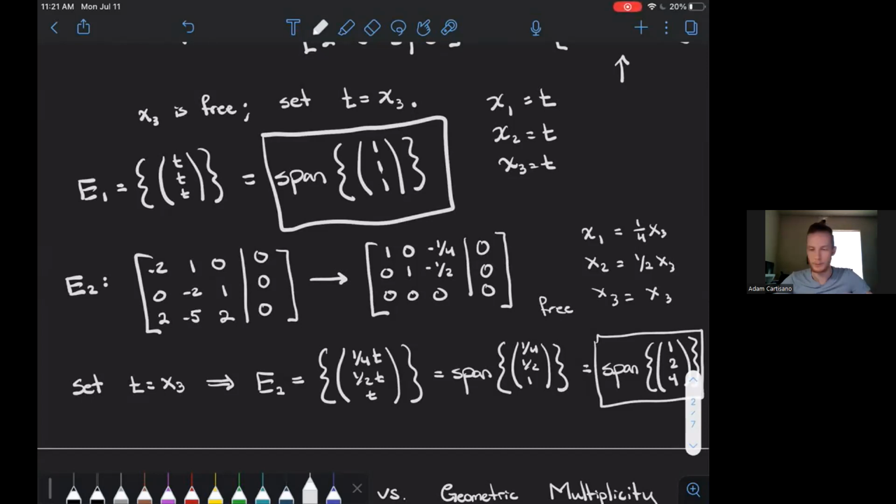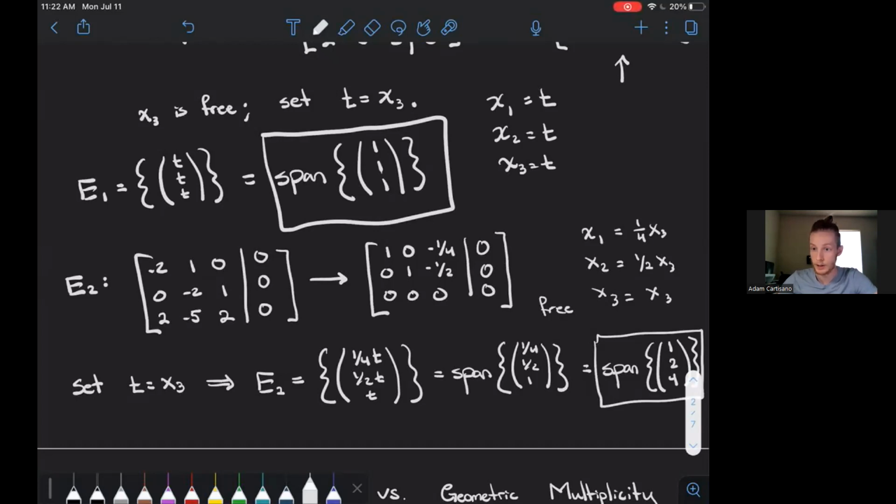We don't need to call it multiplicity so much. We will, because that's the trade. This is the industry standard. But I want to place emphasis on the geometry part, right? What we're saying is that there's an entire line that gets preserved under the matrix transformation defined by A. In fact, there are two lines.